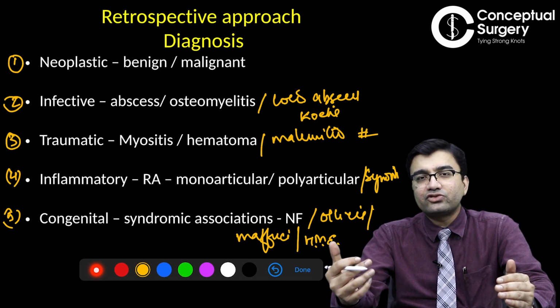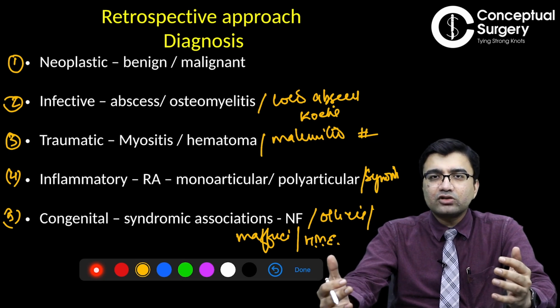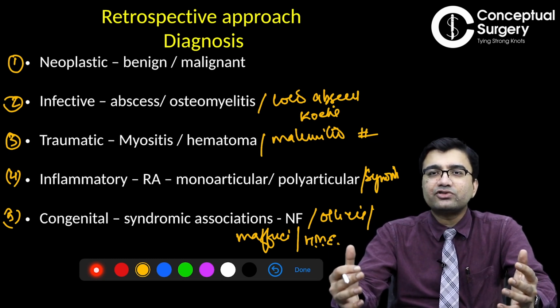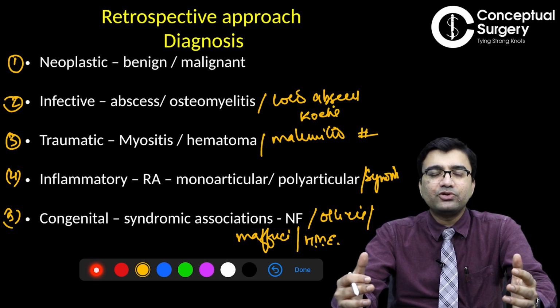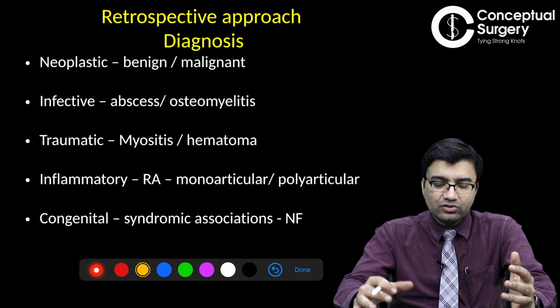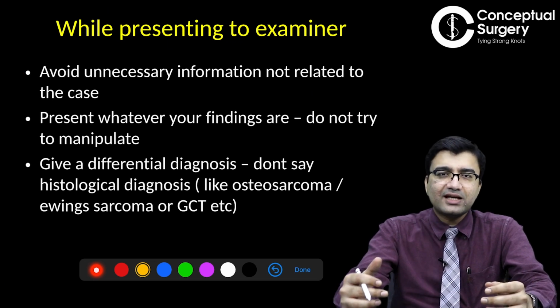The history of trauma is important because the patient may develop myositis. These are very important positive and negative histories, which help you zero down to your diagnosis. So let us start how you begin to present your case to the examiner.